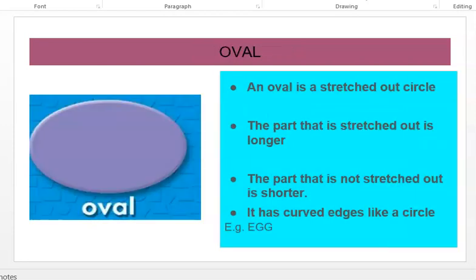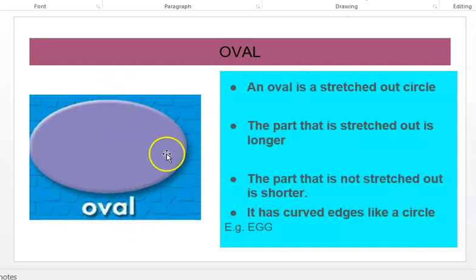The next 2D shape is the oval. An oval is very much like a circle. The only difference is that an oval is like a stretched out circle, a circle that is stretched out along a certain end. The end that is stretched out looks longer than the end that is not stretched out.